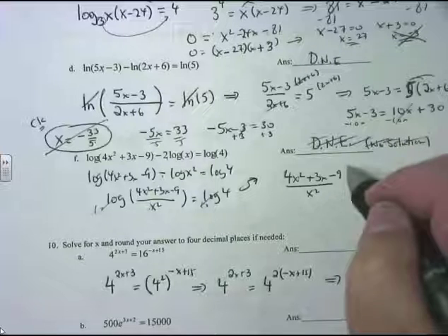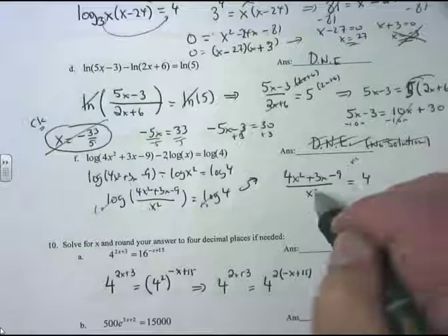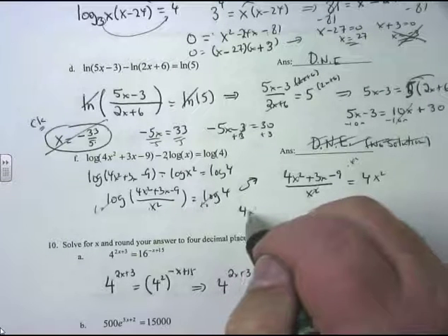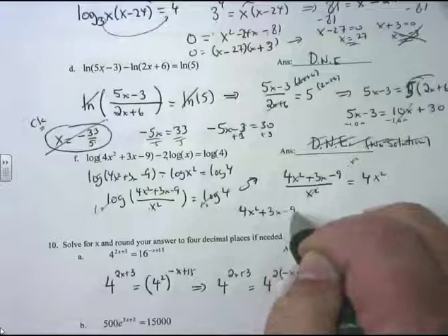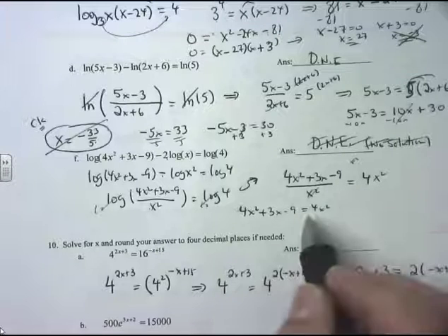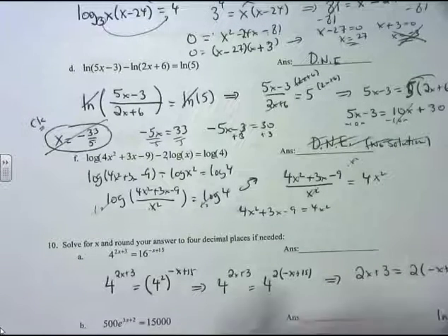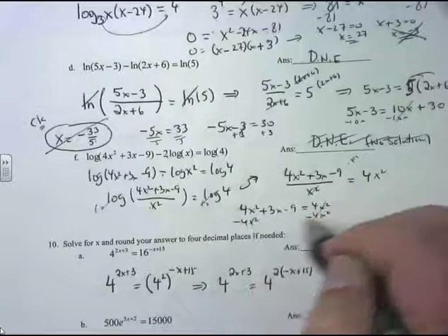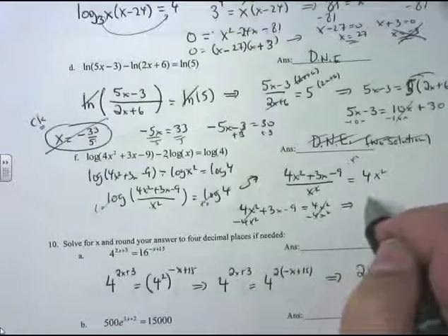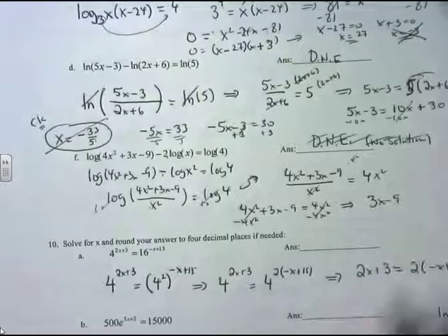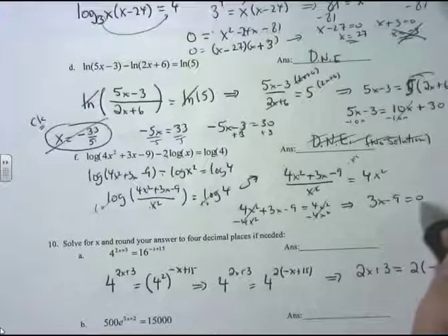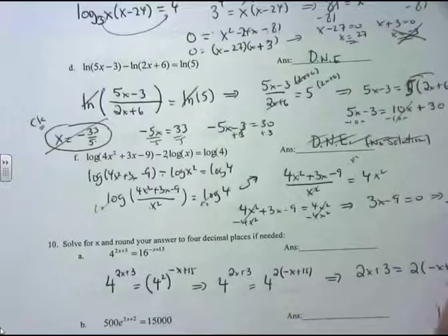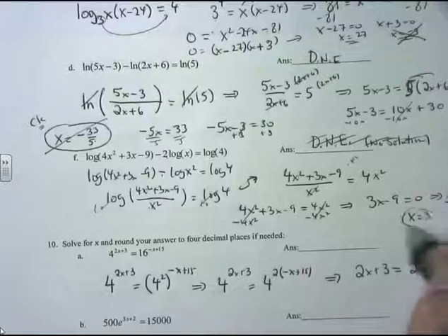I multiply both sides by x squared, so it ends up canceling over here on the left and times x squared on the right. So now I've got 4x squared plus 3x minus 9 equals 4x squared, a quadratic, but not really, because you would subtract 4x squared because you always set quadratics equal to 0, and they actually cancel on both sides, leaving you with 3x minus 9 equal to 0, and adding 9, you get 3x equals 9, divided by 3, x equals 3.